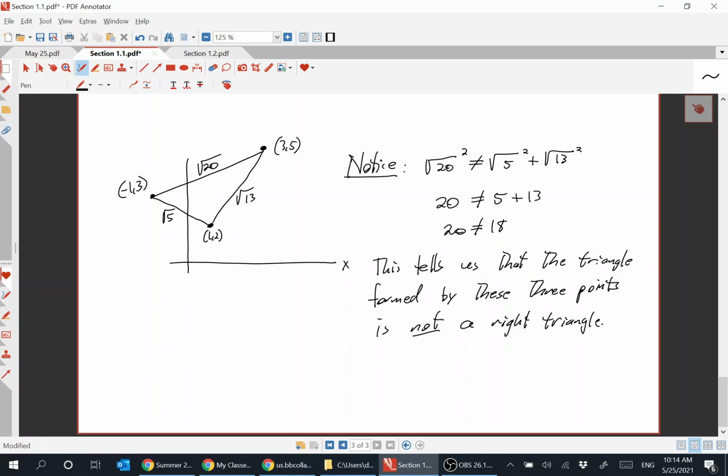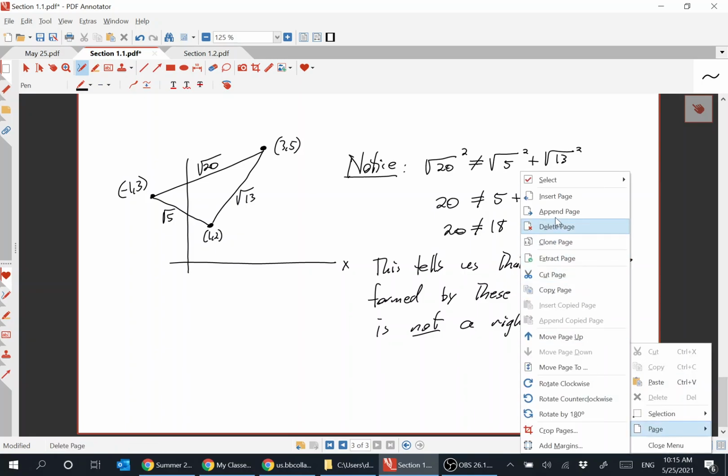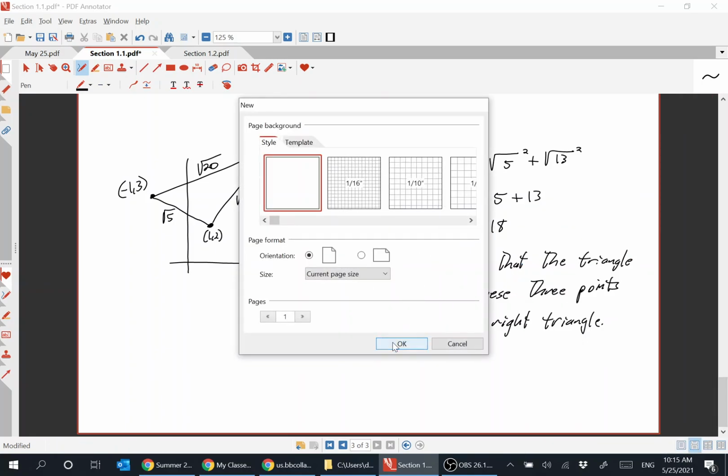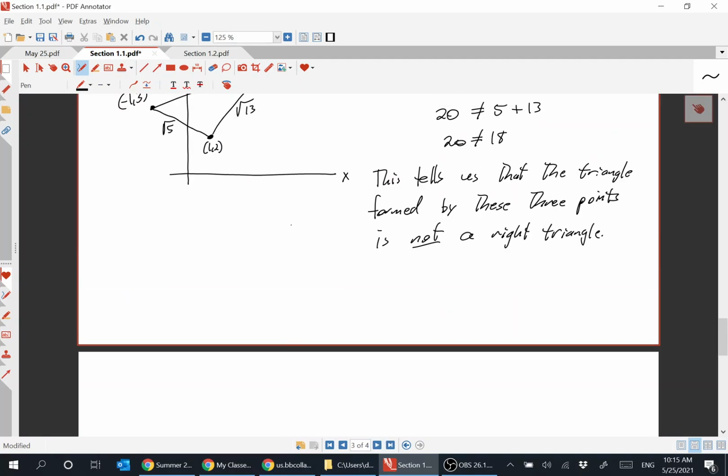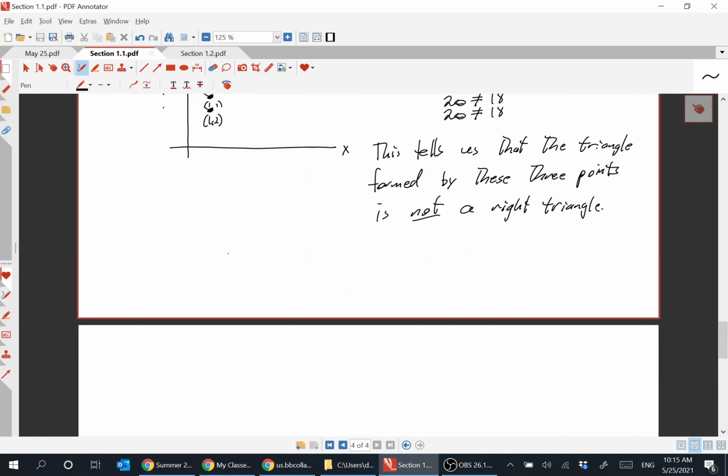But another extension of the Pythagorean theorem is called the law of cosines, which you'll look at in your pre-calculus class. It tells us that if a squared plus b squared is not equal to c squared, then it's not a right triangle. Or if it was, then it is a right triangle. So let me write down what I just said.